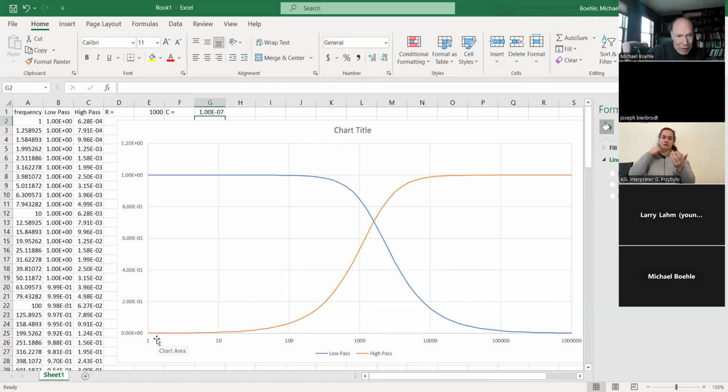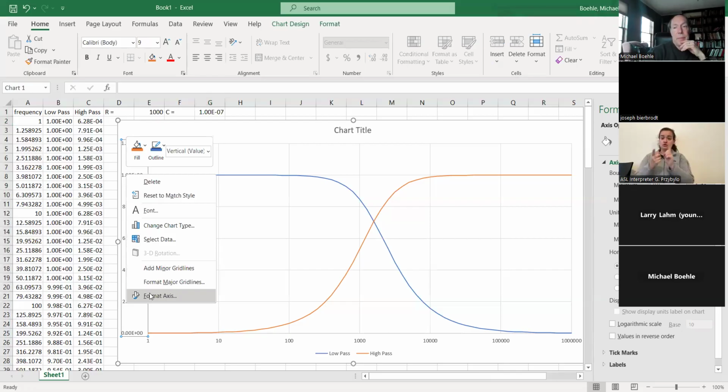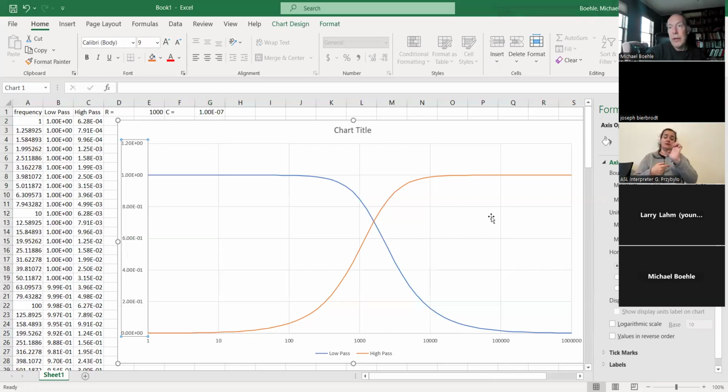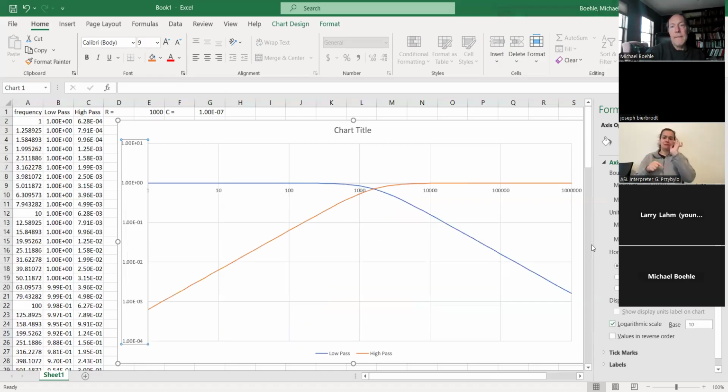When I get way down here, it's so close to zero, or over on the upper end, I can't really see what's going on. Now, I can change this to a log scale, very similar to what I did on the horizontal axis, by just clicking that. And now I have a lot better idea of what's happening.